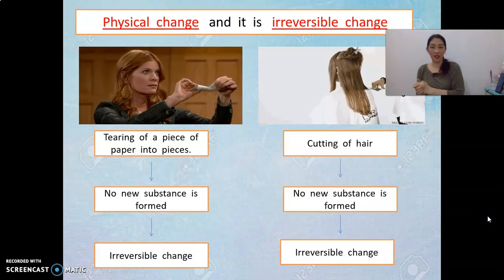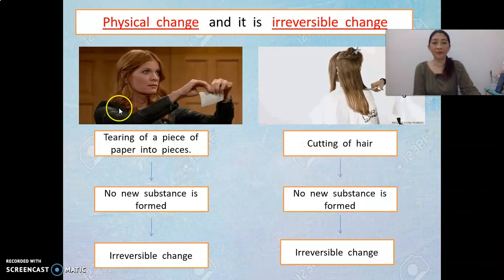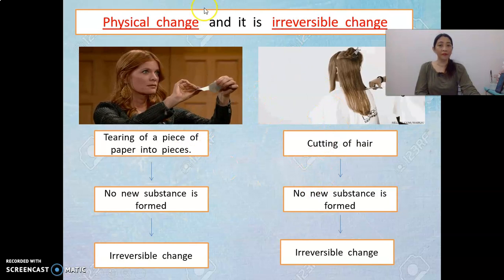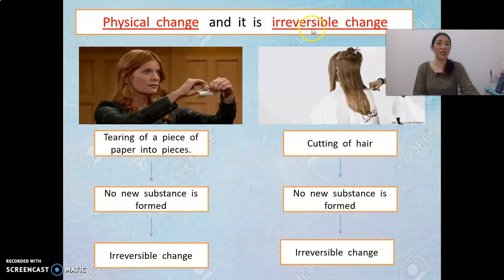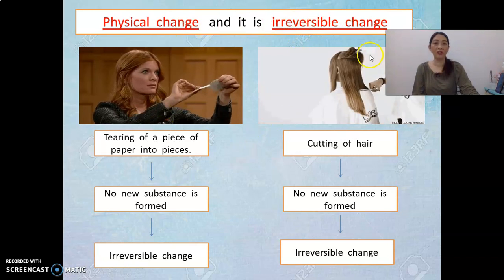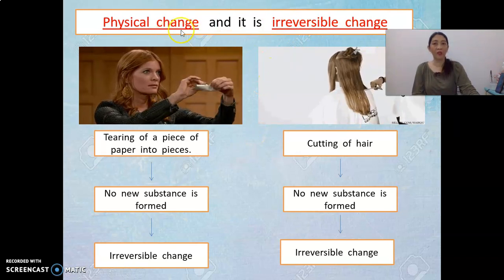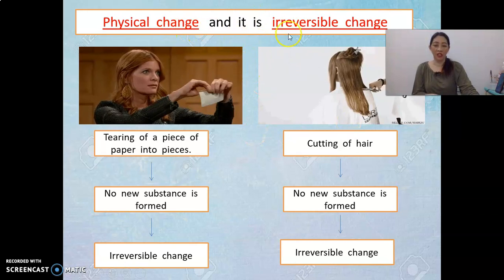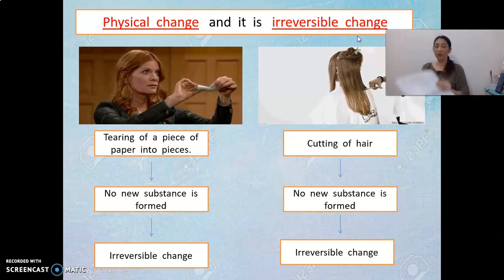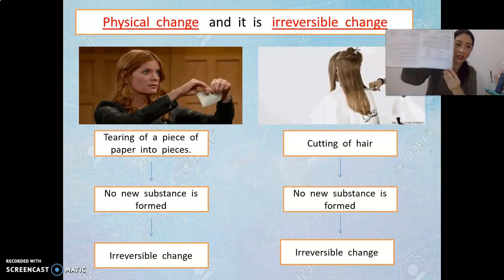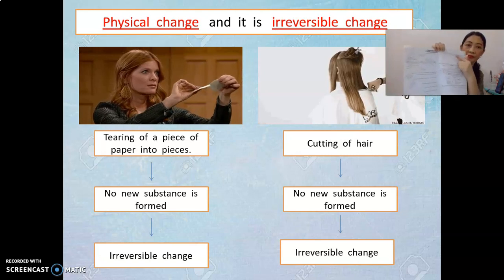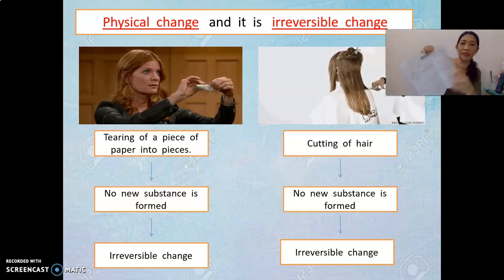So let's start. These examples are physical change and it is irreversible change. Page 36.